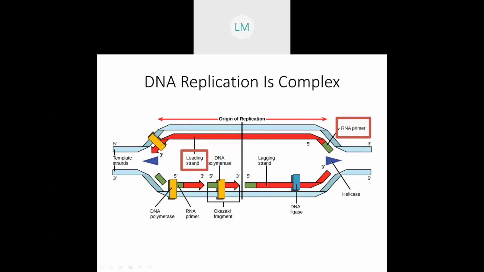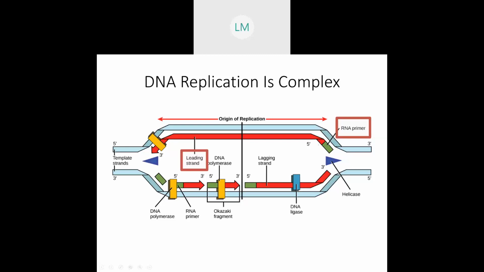So when we're replicating in the 3' to 5' direction, the strand that we are building is starting at a 5' end, and we're adding nucleotides to the 3' end of that growing strand. Okay, we're always going to be adding nucleotides to the 3' end of that growing strand. And this one can just keep going and keep building on this side.